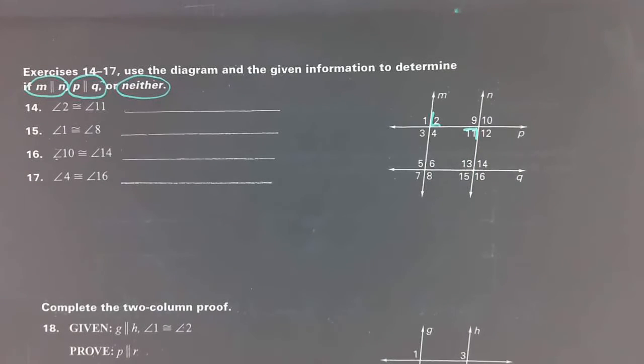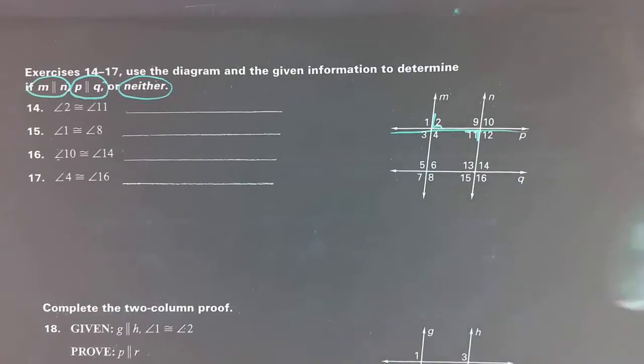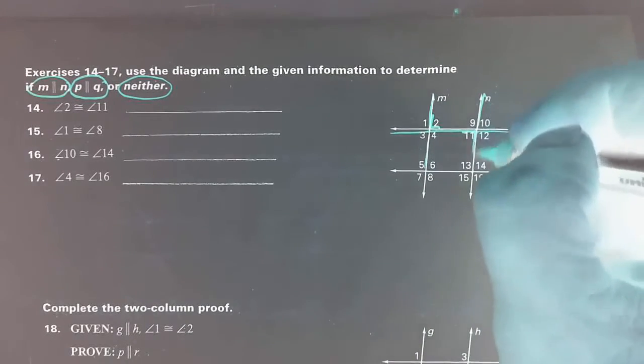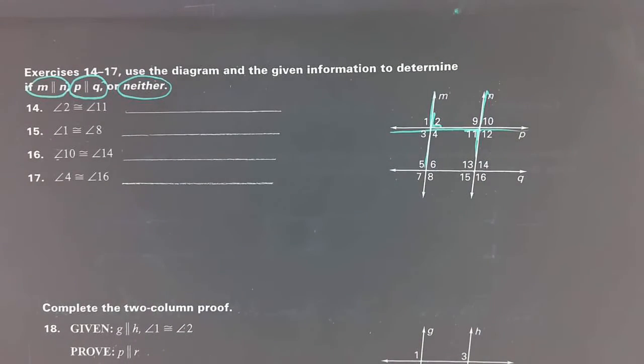If those 2 angles are congruent, is that going to make any of the lines parallel? Which one's a transversal for these 2 angles? P is a transversal cutting through lines M and N. And angle 2 and angle 11 are what kind of special pair angles? Alternate interior angles. And if they're congruent, does that make lines parallel? Yeah.